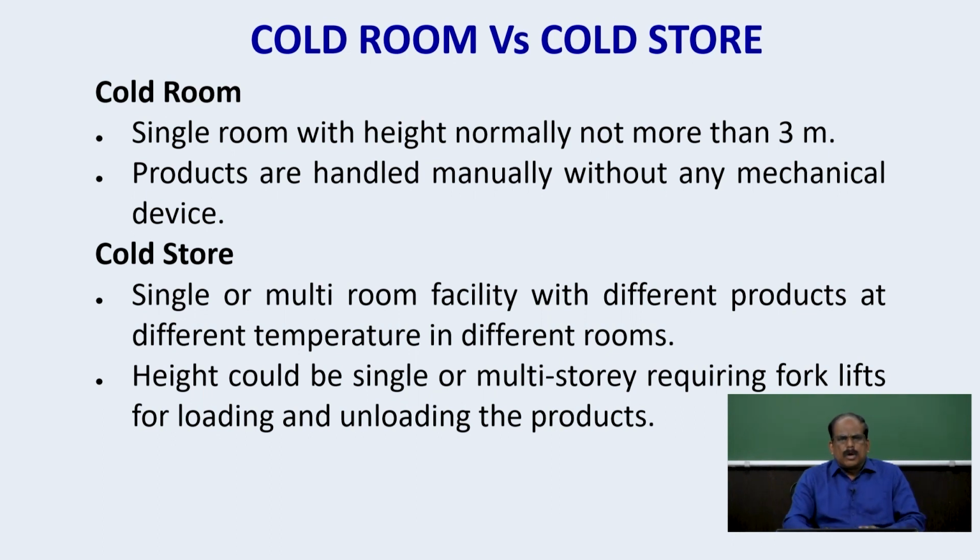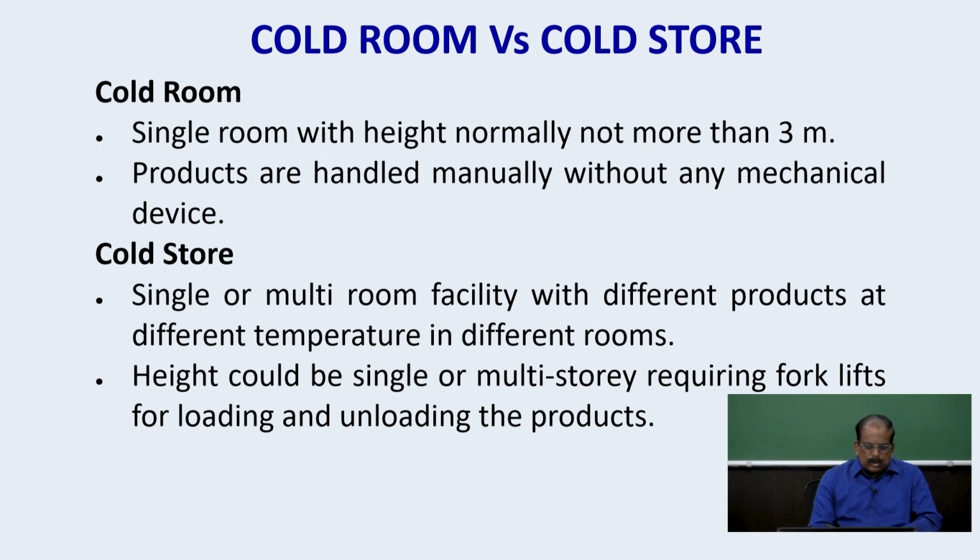Here mostly the commodities or the products are handled manually, that is without the usage of mechanical equipment, because the stacking system or the racks where the products are stored are easily accessible by the workers or the laborers without the usage of any mechanical device.